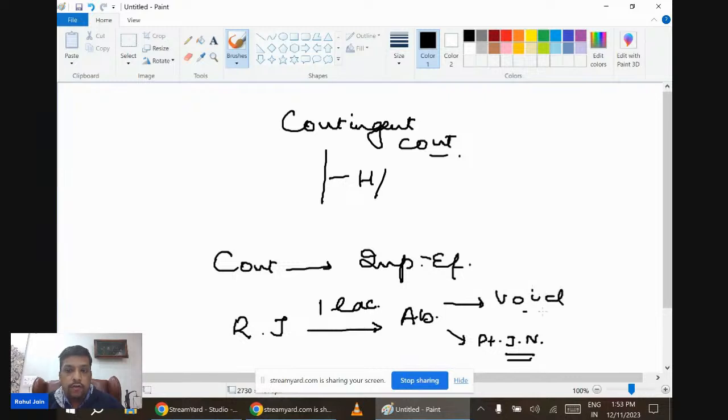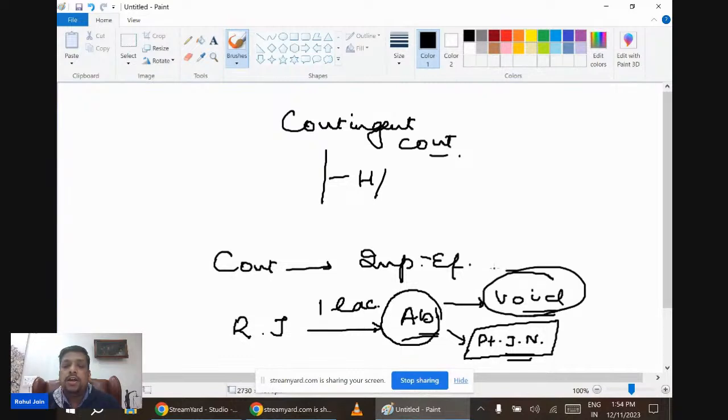You need to keep in mind that doing an impossible act is also void, but an agreement which is dependent upon an impossible event is also void, and it is immaterial whether the parties of the contract knew about such impossibility or not. Abhishek had come from abroad, he did not know that Jawaharlal Nehru ji has passed away. He didn't know about the fact. Whether he knew the fact or not, it does not make any difference, and the contract is void.